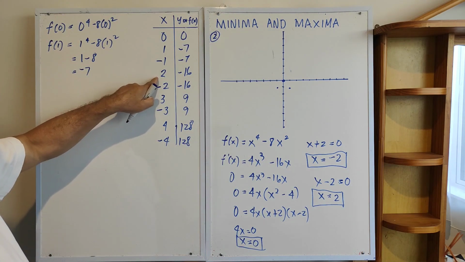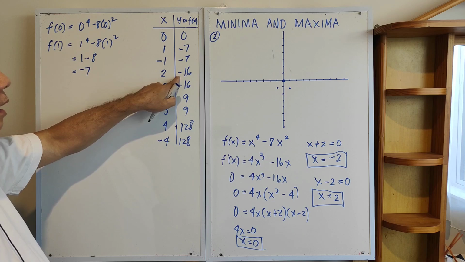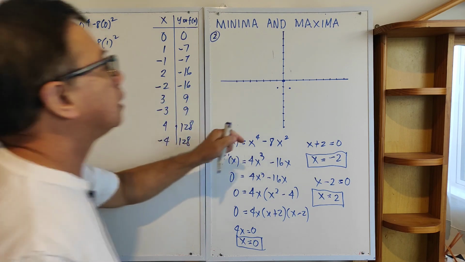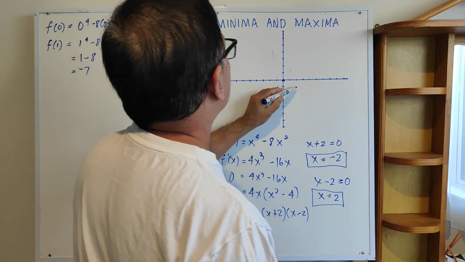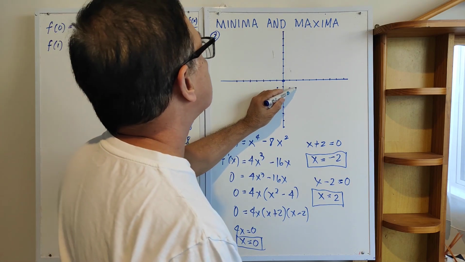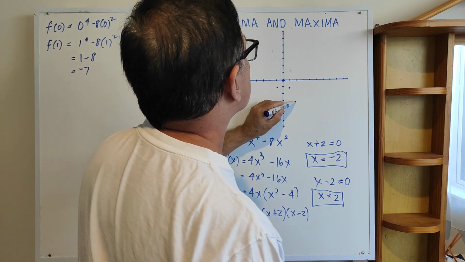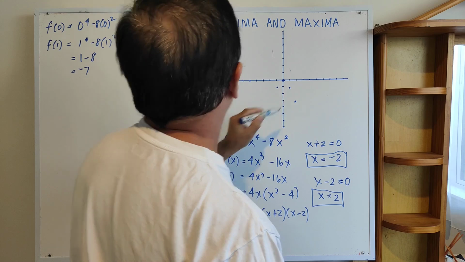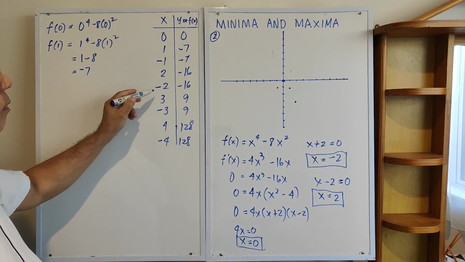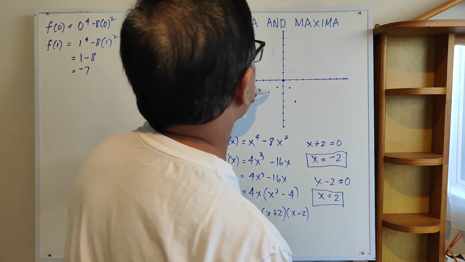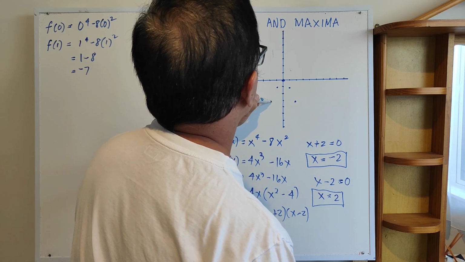If x is 2, y is negative 16, it's in here. x is negative 2, y is also negative 16, it's around here.